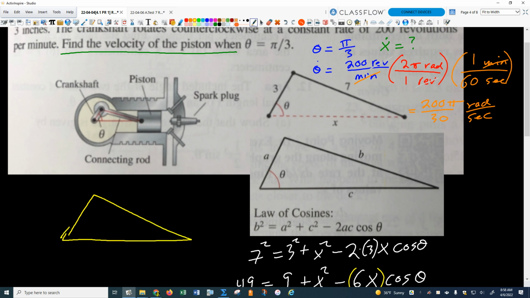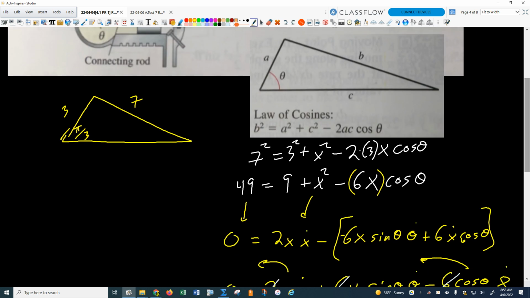So we've got our value of theta, which is pi thirds. We know this is 3, and that's 7. And then we would just use the law of cosines to solve for x, right? So what's that tell us? If we take this equation right here, and we solve that for x, because we know the value of cosine now, right?